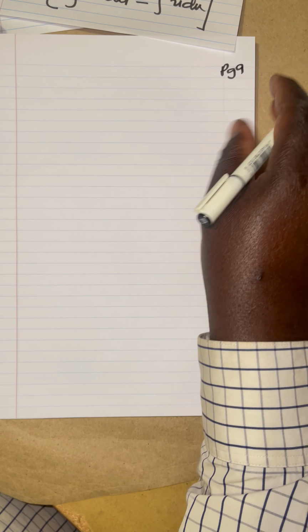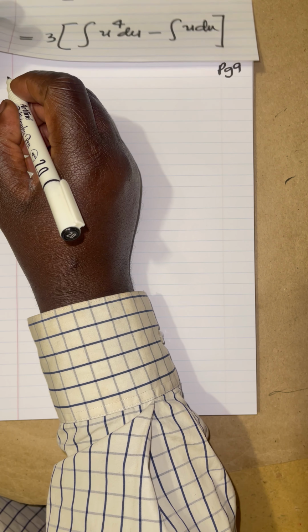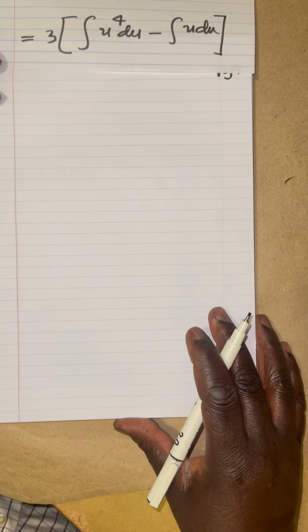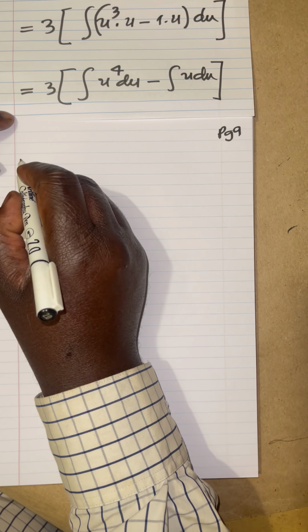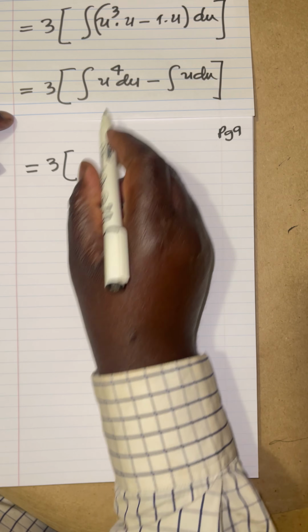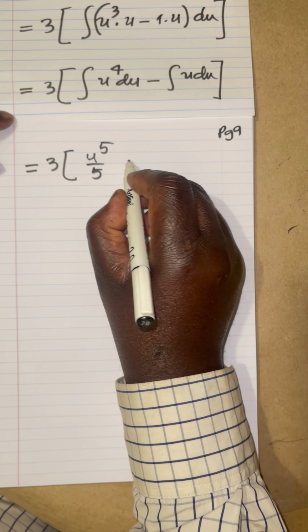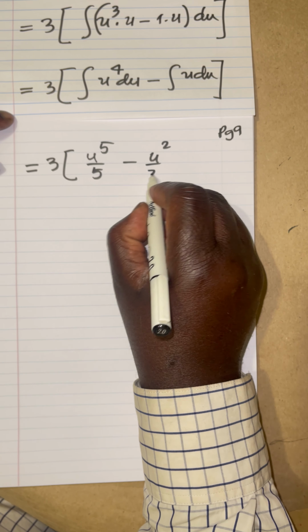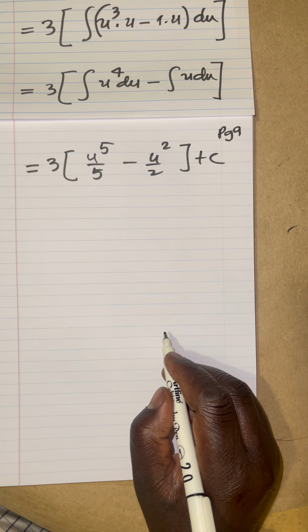I'm going to bring the 3 down here. Keep that outside. Evaluate this: u⁵/5, and then minus u²/2. Don't forget to say plus c, because this is an indefinite integral.